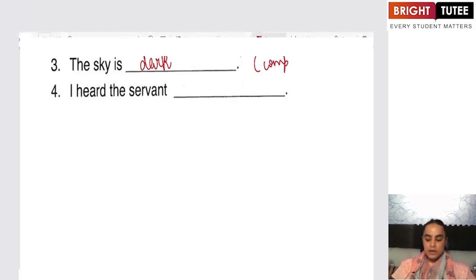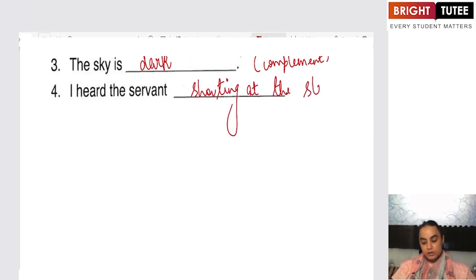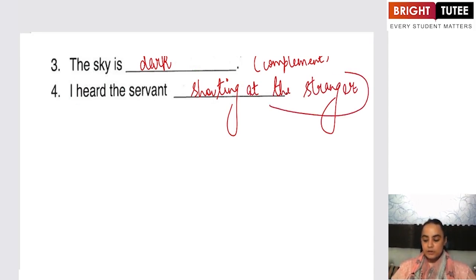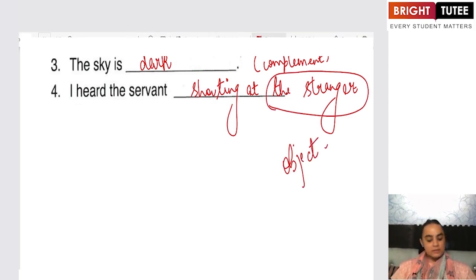So this is again a complement. I heard the servant shouting at the stranger. So who was the servant shouting at? At the stranger. I have an object in the sentence.